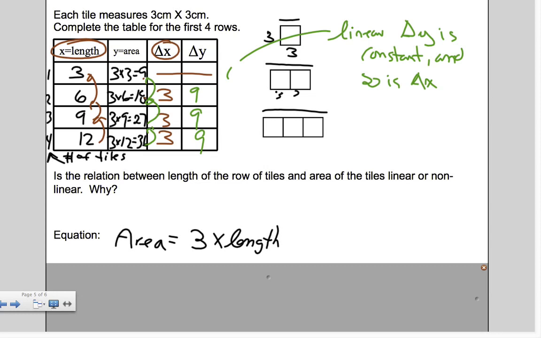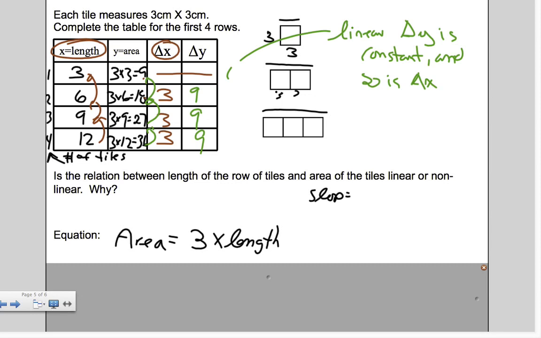Okay, settle down. 2 more minutes. So we got 3, because what is our slope? Well, we should say that area means 3 to the power of 2, and that will still work. Well, not really. We don't have length in there, and it only works for the first one.